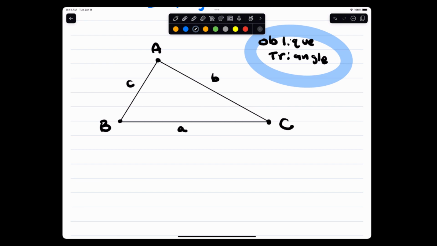What does that mean? Do you guys remember from geometry? It means it's not a right triangle. So if it's not a right triangle, but yet it's still a triangle, we say this is an oblique triangle. That's just the name of it.